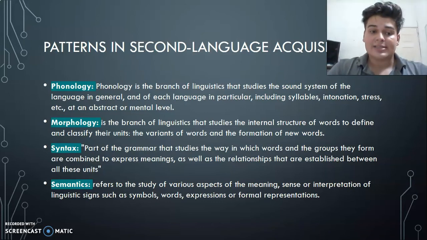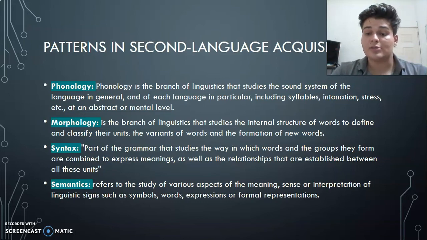The syntax is the part of grammar that studies the words and the groups of them that are combined to express meaning, as well as the relationships that are established between all of these units. And semantics is about the meaning and the interpretation of the linguistic sign, such as symbol, word, expression, and formal representation.